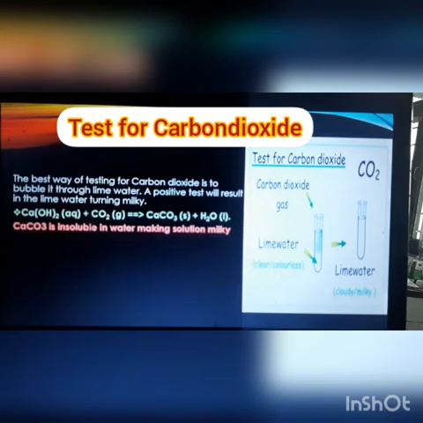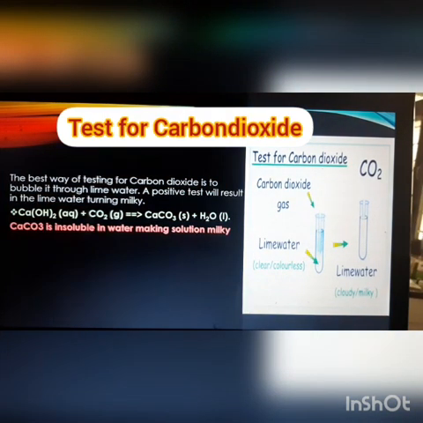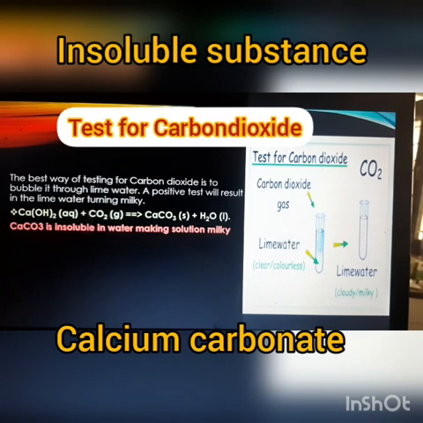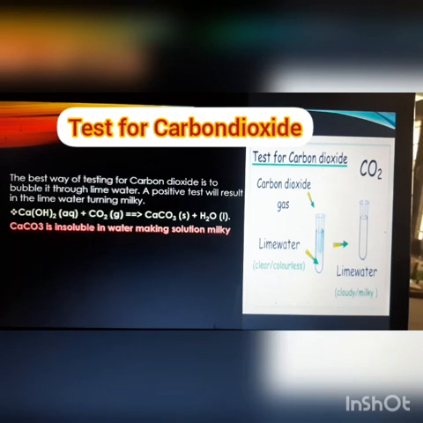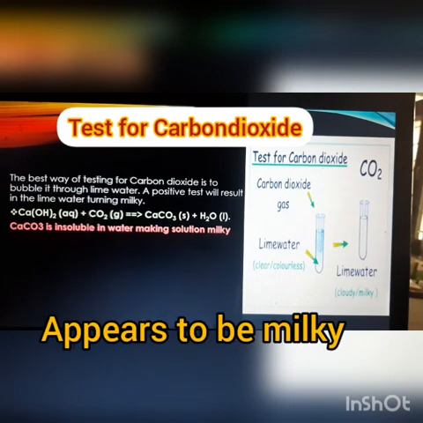So now we will see what reaction actually happens when carbon dioxide reacts with lime water, that is calcium hydroxide. It forms an insoluble substance, calcium carbonate. That's why the solution appears milky or turbid.